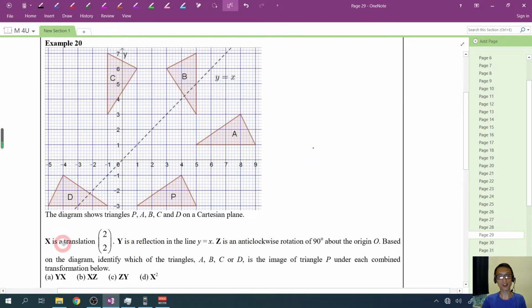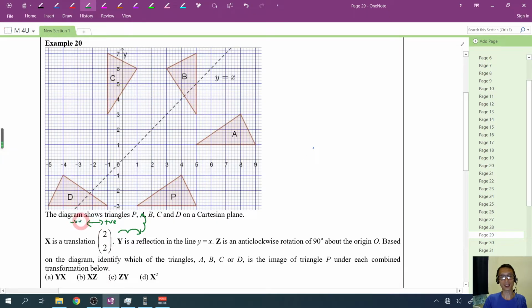The first transformation is a translation X, (2, 2). So when you see (2, 2), you know that we are going to move the object 2 units to your right, and 2 units go up. The top number tells you to move to your right or to your left. If it is positive, go to your right-hand side.